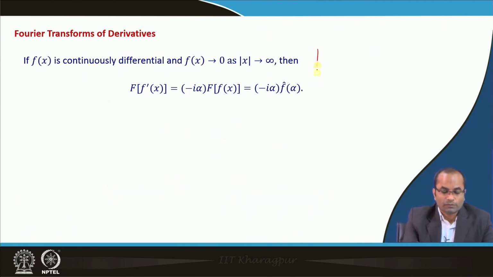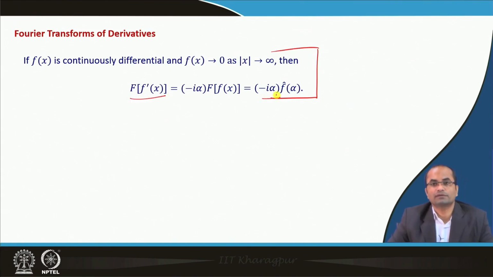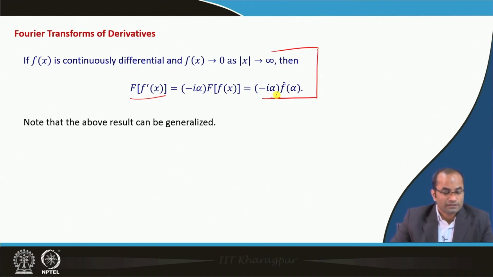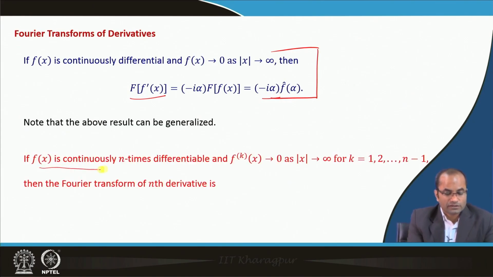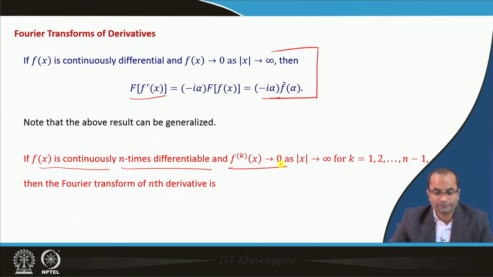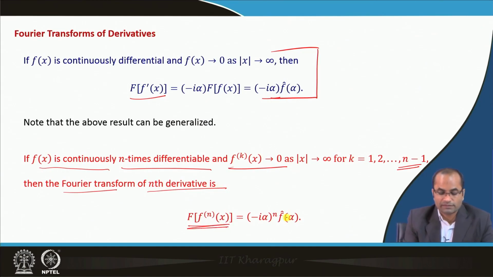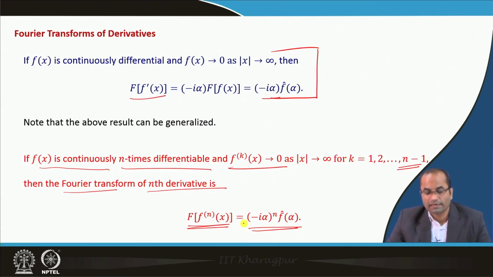Well, so having this property, which says that the Fourier transform of f′ is −iα times the Fourier transform of f(x), we can generalize this result for the higher order derivatives. That says that if f(x) is continuously n times differentiable, and we have the property again that the kth derivative of f goes to 0 for k = 1, 2, 3, up to n−1, then the Fourier transform of the nth derivative will be simply −iα every time coming out from this Fourier transform.